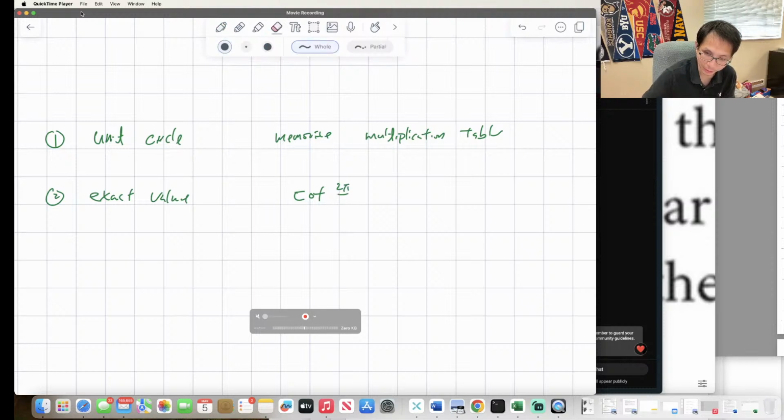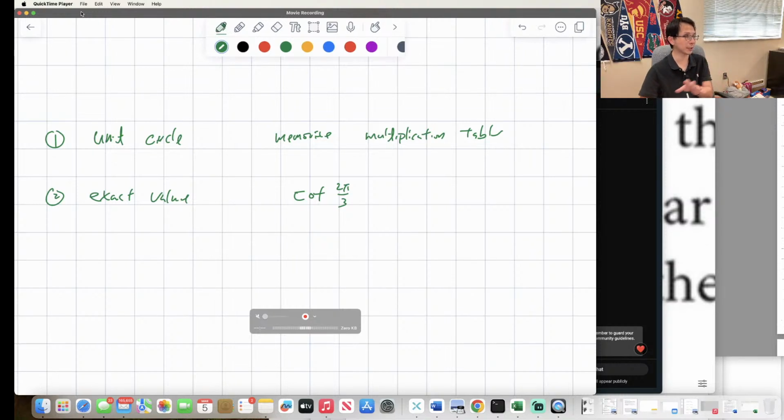Okay, let's ask you. How many of you know what cotangent of 2 pi over 3 is? Don't shout it. Ian, I need you to stay awake. I cannot keep on telling you to stay awake, but you need to stay awake. Otherwise, there's no reason you're here. Do you know what cotangent of 2 pi over 3 is? You should know it inside your head.